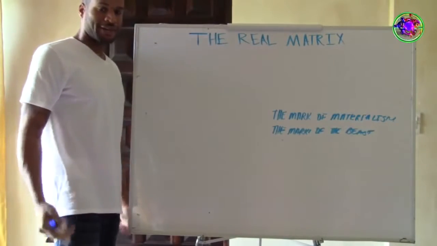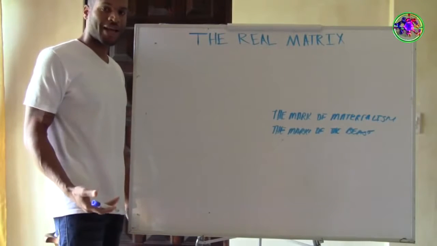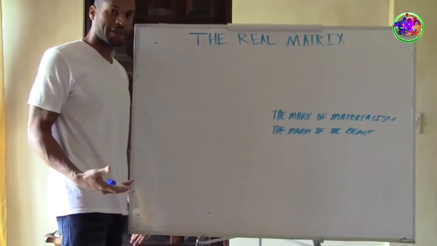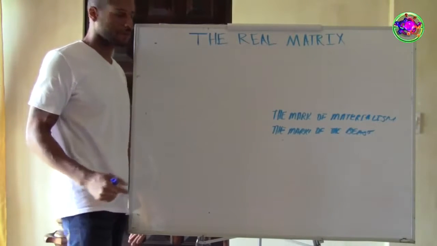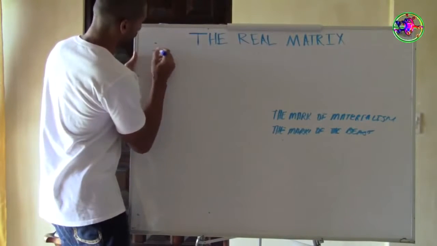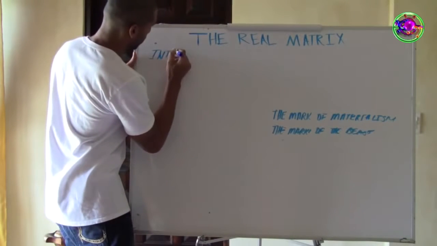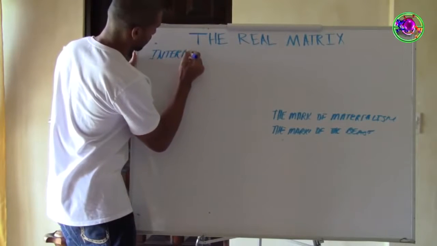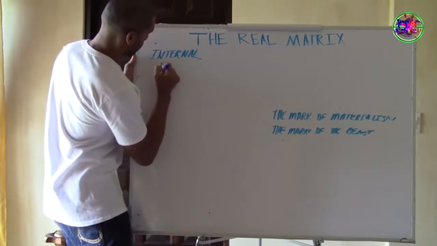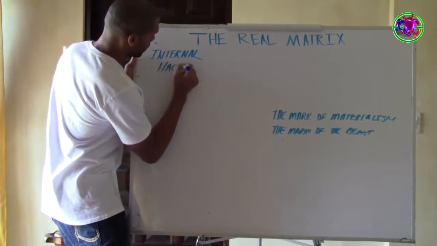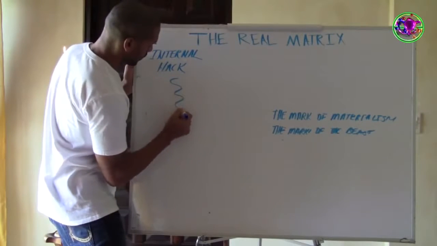So we have now identified that the external hack is actually within the R-complex portion of the human brain. The internal hack, which affects the spirit or the aura, comes in the DNA.